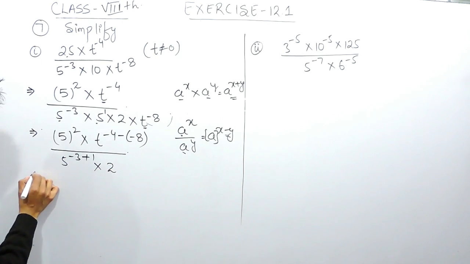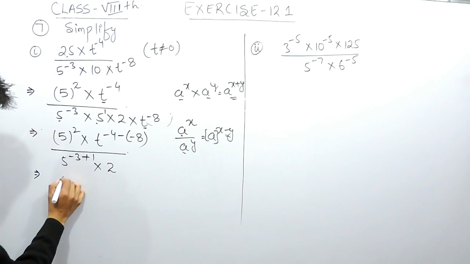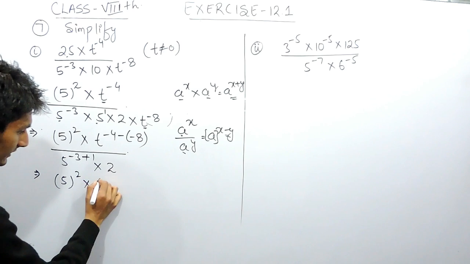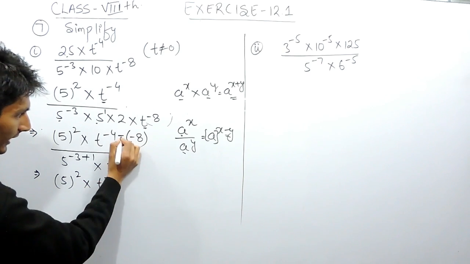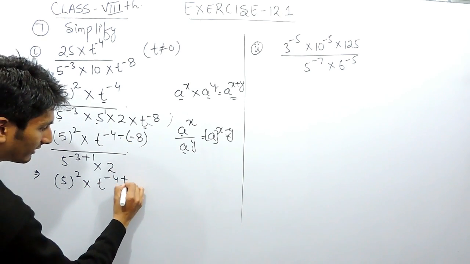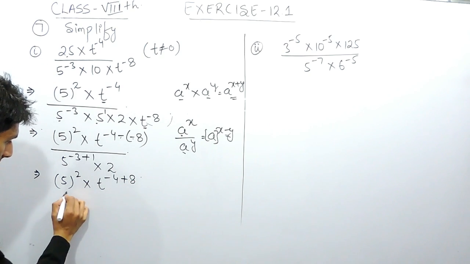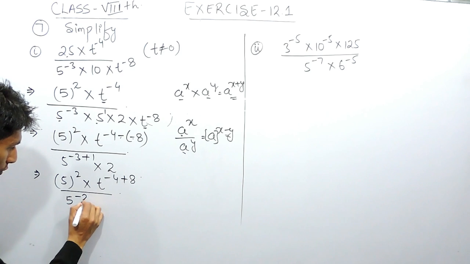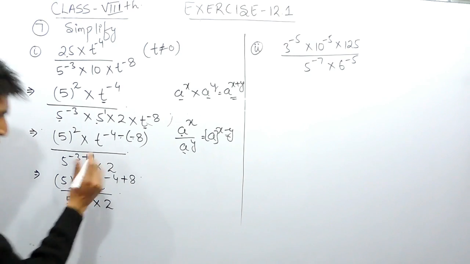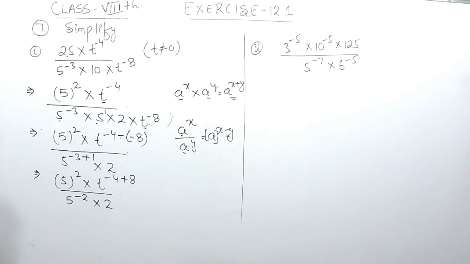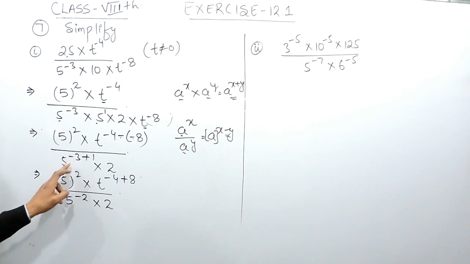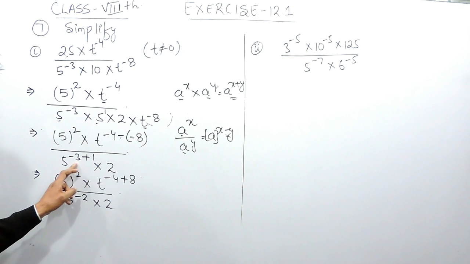Now further solving, 5 raised to power 2 will remain as it is and multiplied by this, t will become minus 4 and minus when multiplied will give plus 8, and whole upon this will give 5 raised to power minus 2 and multiplied by 2. This is because plus minus is minus, and 3 minus 1 is 2, and the sign will be negative because this is the greater value.